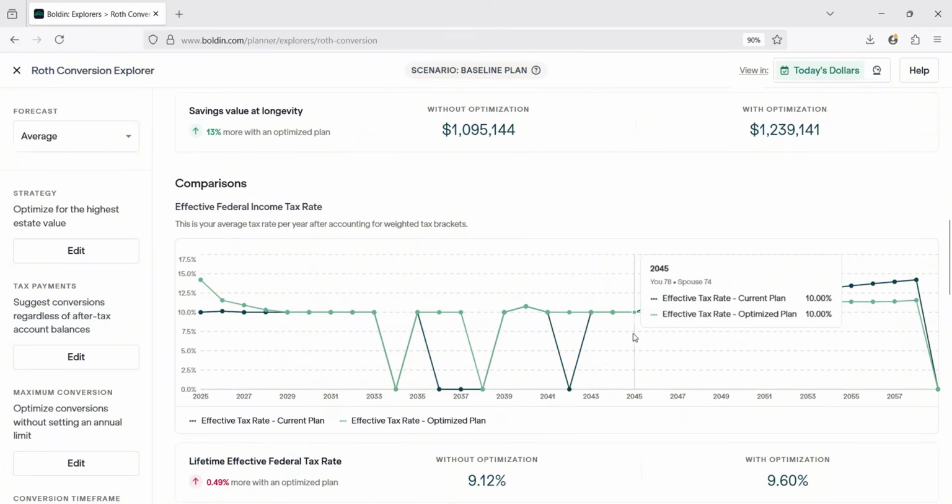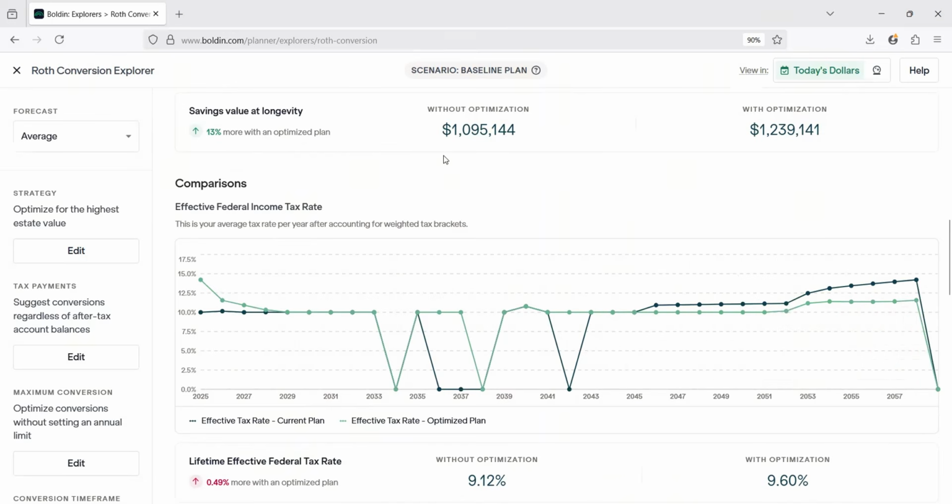You really start to see the win when you hit 78, 79. So what it is with you doing those Roth conversions, you pretty much stick to the 10% rate until your final years of life, as opposed to going up into 13, 14%.